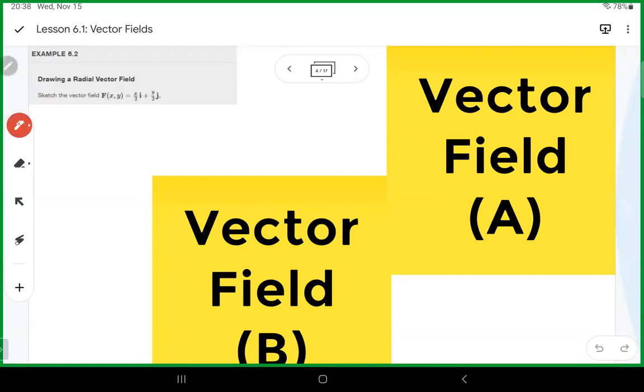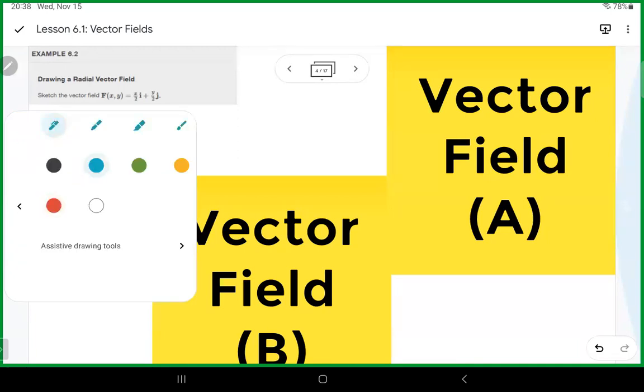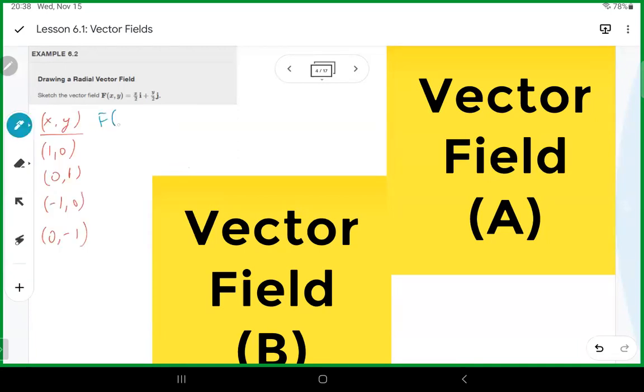So the points they used were, they made a chart. I don't think I'll be able to squeeze the chart in here, but they did (1, 0), (0, 1), (-1, 0), and (0, -1), which is probably something we all would have naturally picked, right? And then they plug them in.